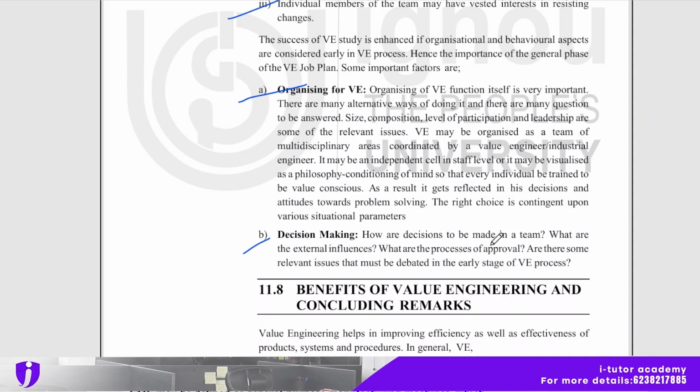VE may be organized as a team of multidisciplinary areas coordinated by a value engineering industrial engineer, it may be an independent cell at staff level, or it may be visualized as a philosophy, a conditioning of mind, so that every individual is trained to be value conscious, and as a result it gets reflected in his decisions and attitude towards problem solving. The right choice is contingent upon various situation parameters.